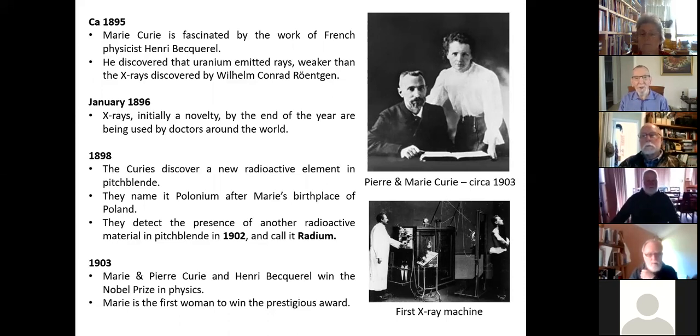And when I worked in Queensland, there was a deposit of mineralisation not terribly far from Townsville, and the water supply contained fairly high quantities of radon. So interesting. In 1903, the Curies and Henri Becquerel were awarded the Nobel Prize in Physics, and Marie Curie was the first woman ever to be awarded that prestige.